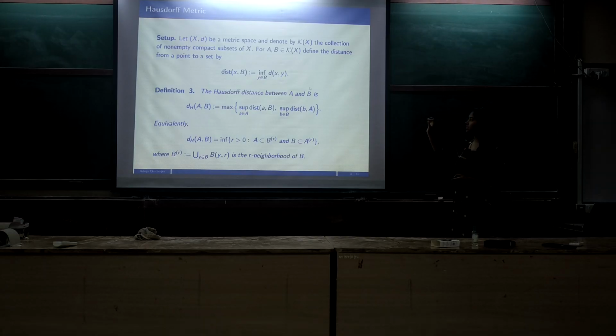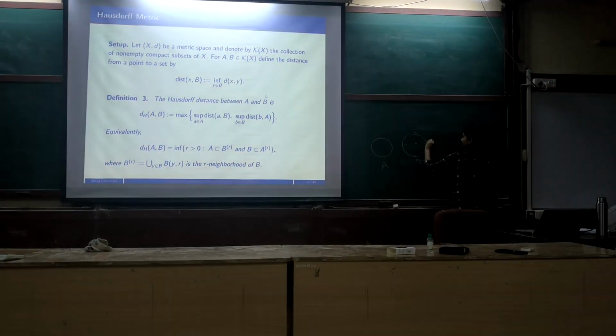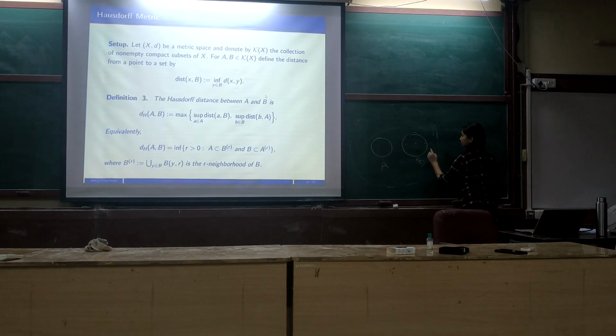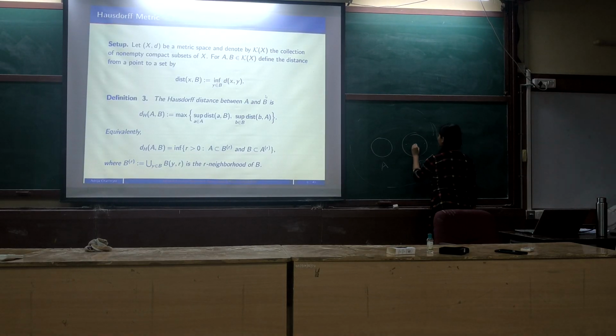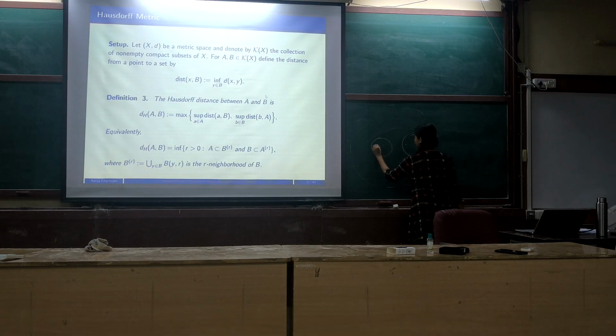So the Hausdorff metric is a metric defined on two sets, and it is the minimum distance R such that set A lies in the R-neighborhood of set B, and set B lies in the R-neighborhood of set A. So this is your set A, this is your set B. If you take R to be this, then A is a subset of the R-neighborhood of B, and B is a subset of the R-neighborhood of A, and similarly if you take this, then A is a subset of the R-neighborhood of B. So you take the maximum of those two, and that is the Hausdorff metric.